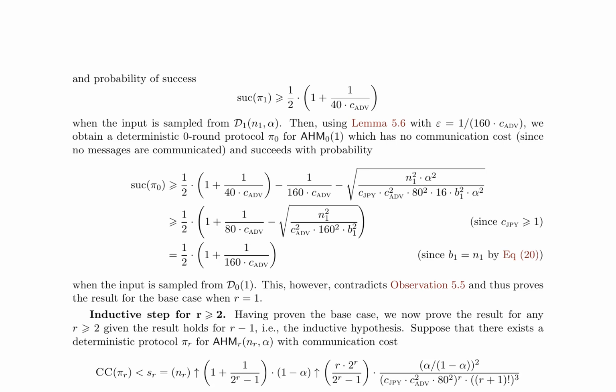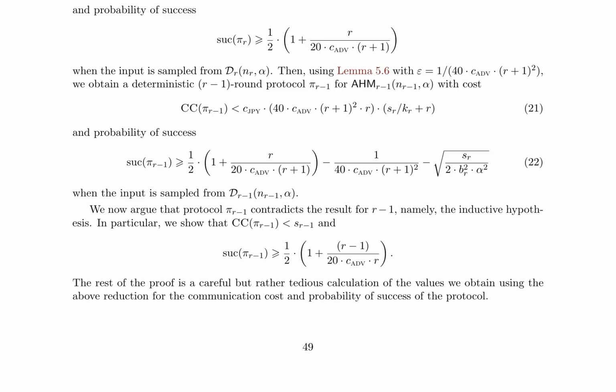In the inductive step, the authors assume the existence of a deterministic protocol pi_R for AHM_R, N_R, alpha, with communication cost CC(pi_R) less than S_R and probability of success suc(pi_R) greater than or equal to 1/2(1 + R/(20 C_ADV(R+1))).